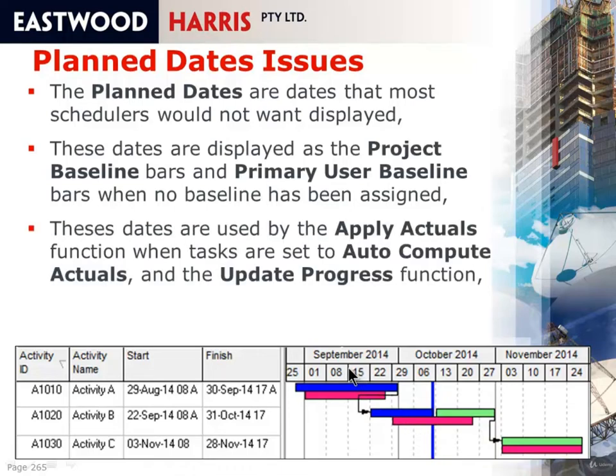The second issue you have is that the planned dates are used when you either use the apply actual function when tasks are set to auto compute actuals or the update progress function. Both of these work in a similar way, but if we discuss the update progress function, the intention of the update progress function is to update a program as if it went exactly according to time. So you can move the data date forward a week or a couple of weeks or a month, and it should update the program exactly as if it went according to time.